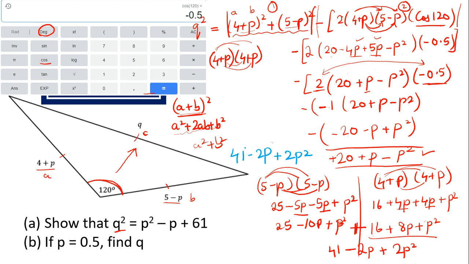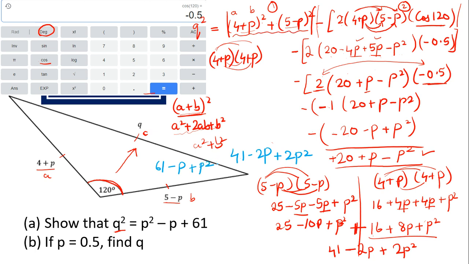So when I do 41 plus 20, you have to check what is 41 plus 20. So 41 plus 20 gives me 61. So let me write down 61, and then when I have minus 2p plus p, minus 2 plus 1 gives me minus 1. So 61 minus p, and plus 2p squared minus p squared gives me plus p squared.